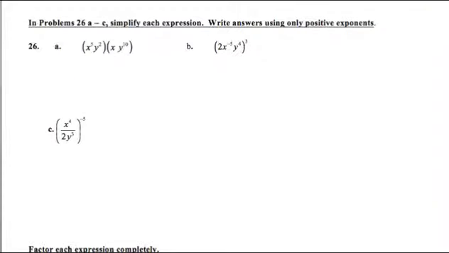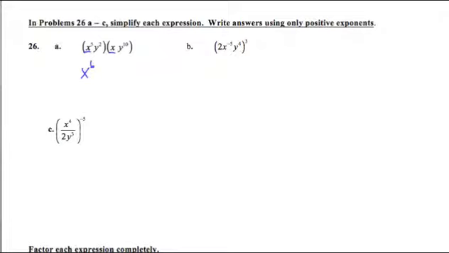Now we'll take a look at 26a. Here we're just going to try to remember our exponent rules to solve this. Here, if I'm multiplying, notice I have 5 factors of x. If I multiply by one more factor of x, that would give me 6 factors of x multiplied. So this gives me x to the 6th power.